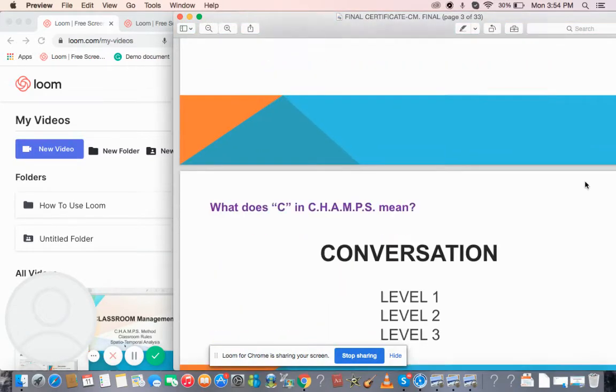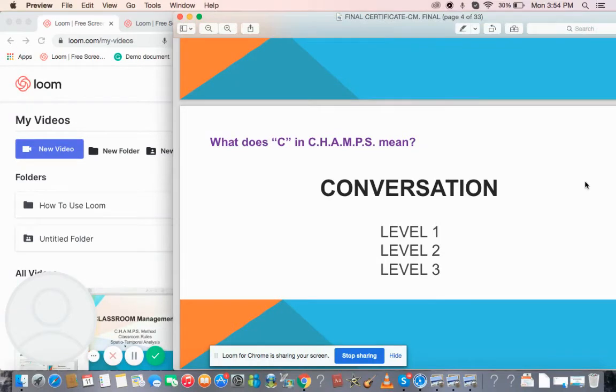When we say C, it means conversation, with different levels: level 1, level 2, level 3. Conversation level 1 means an activity is done alone, so at that particular time of your class, they're not allowed to talk to their seatmate.